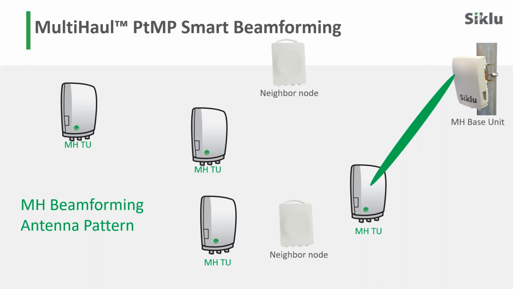The advantage is that unlike the other radios that we have in the Etherroll family, which need to be precisely aligned because there is no beamforming in those, in the MultiHaul family, the beamforming is utilized to create a wide sector, but also to basically bypass the alignment process of traditional millimeter wave or microwave communications. So there are plenty of advantages with the beamforming in the MultiHaul family.